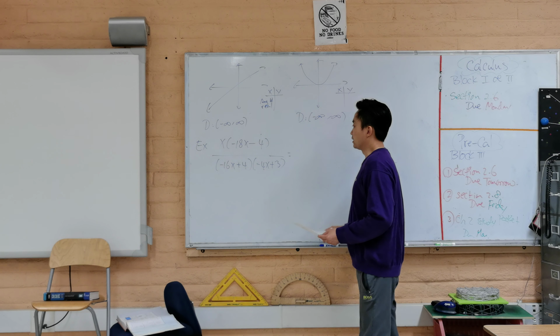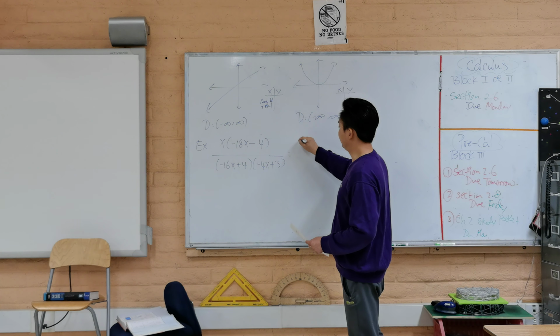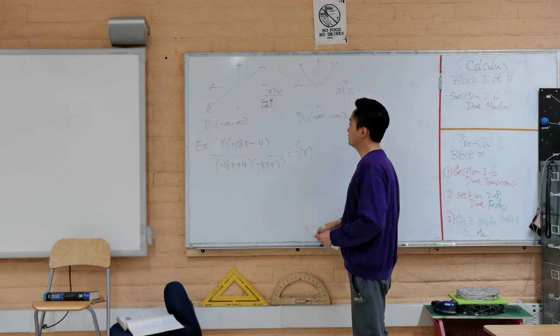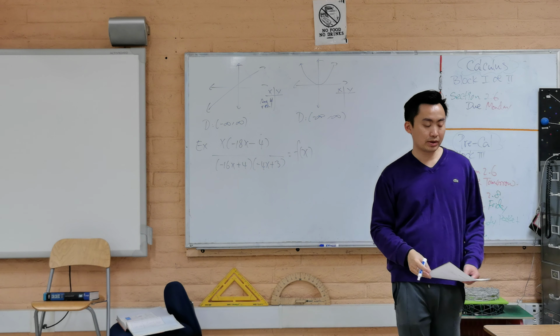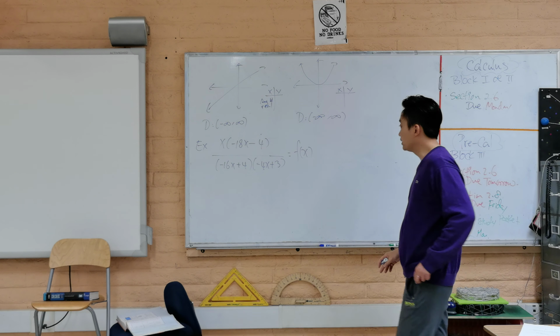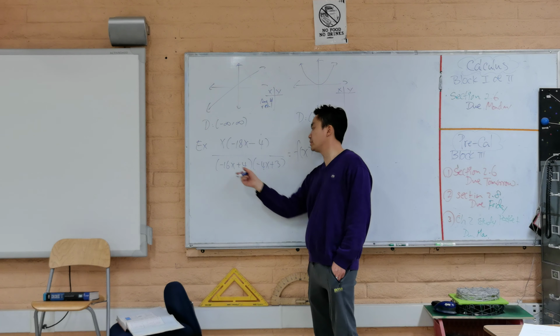First thing that you want to check is what kind of function this is. Well, this one obviously is a rational. The way to find out the restriction is by looking at the denominator.